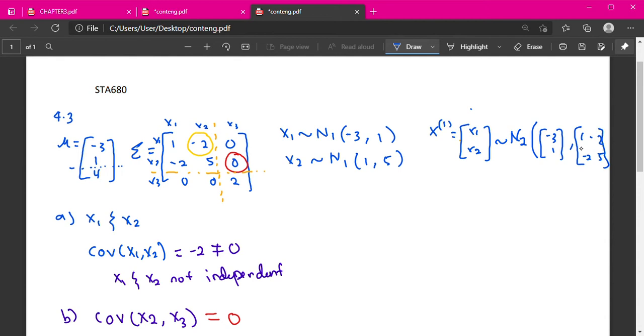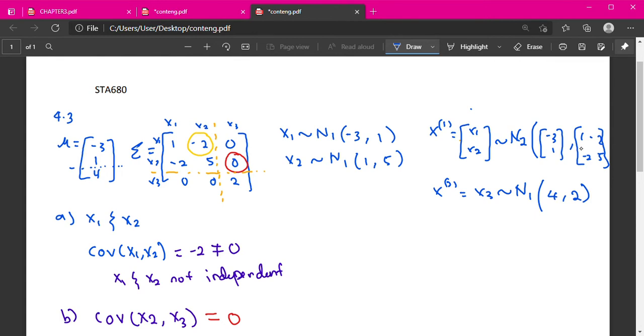This is the distribution for the first subset. The second subset, which is X3, is still normal with 1 variable, and its mean is 4 and variance 2. This part.